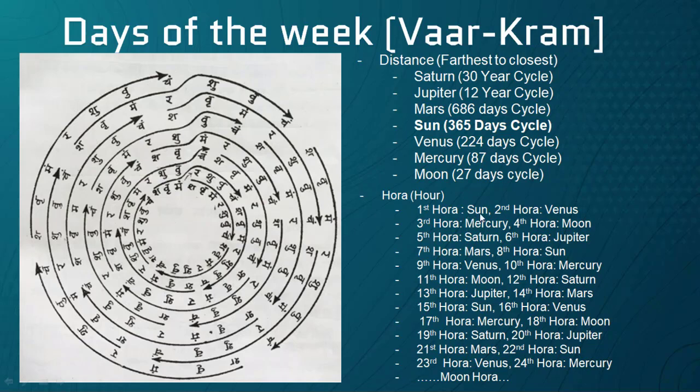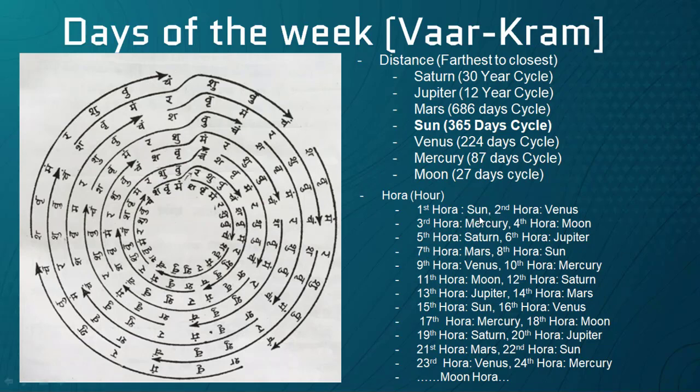The sun gets the first hour because at first it was only the sun that existed, and then the rest of the planets came into the picture. I've tried simplifying it, but that's how, in simple terms, you can understand it. So the sun has the first hora.